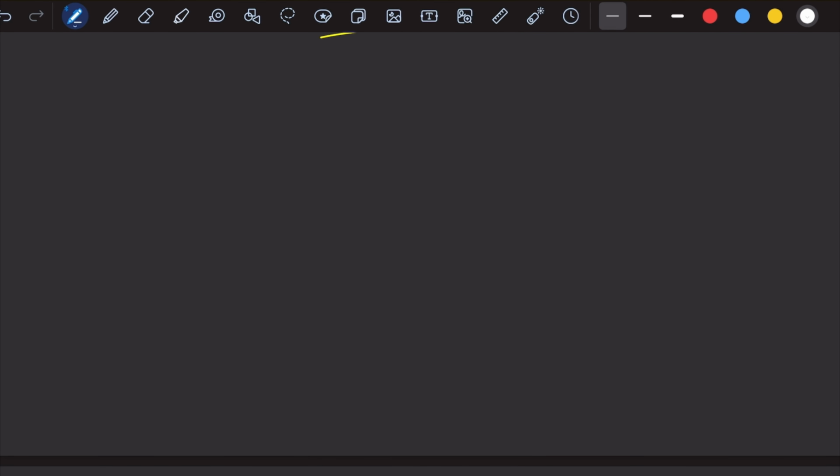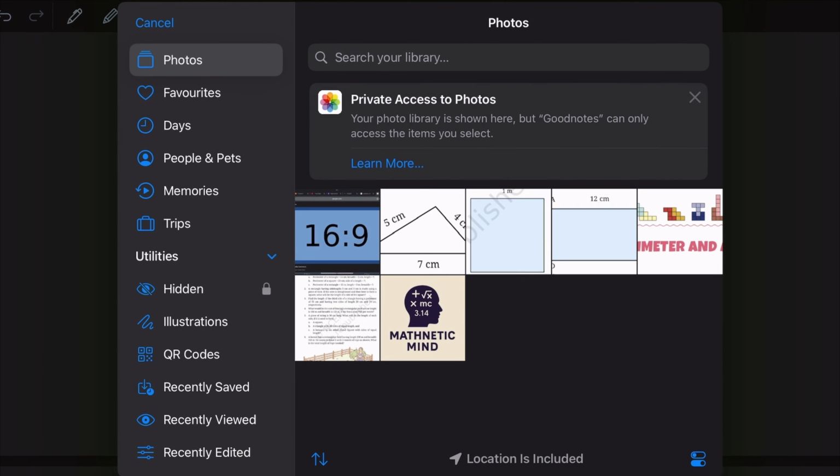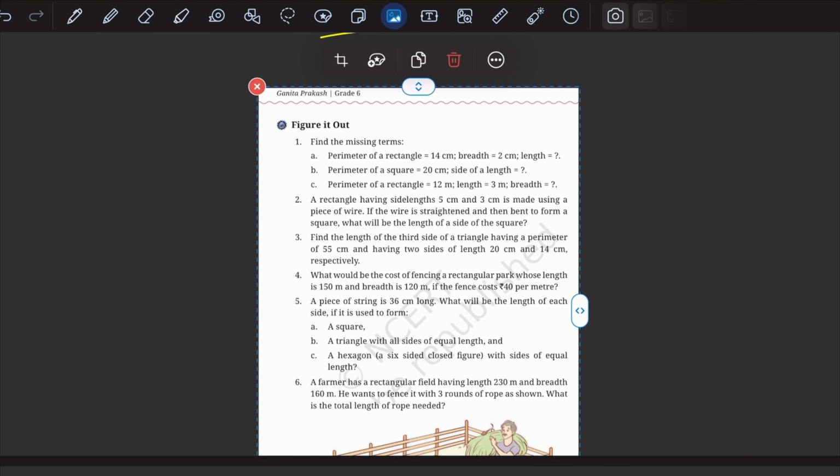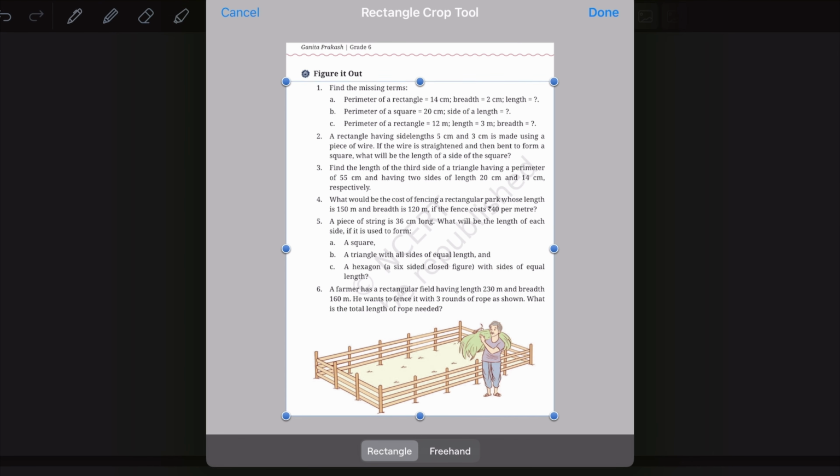I will take the same image for the next question. So here we will take the third question.